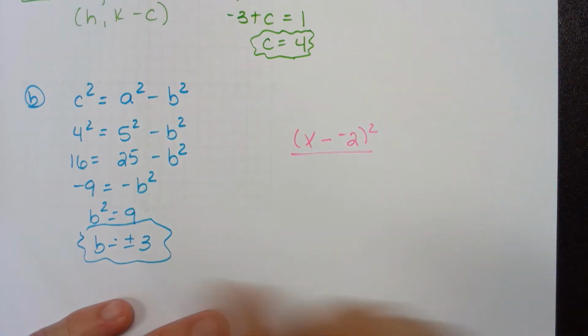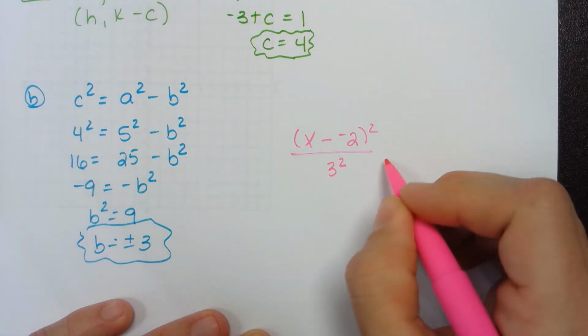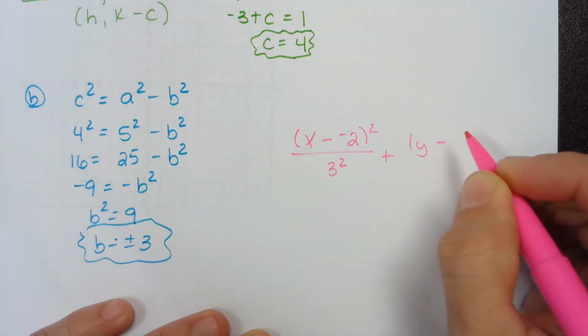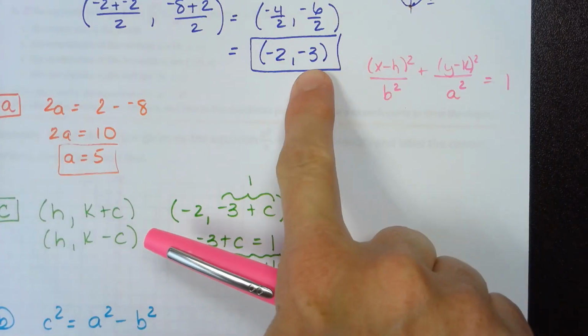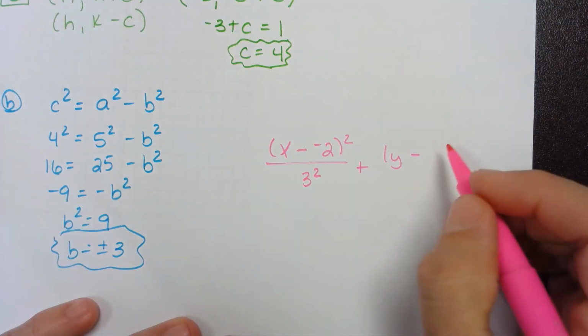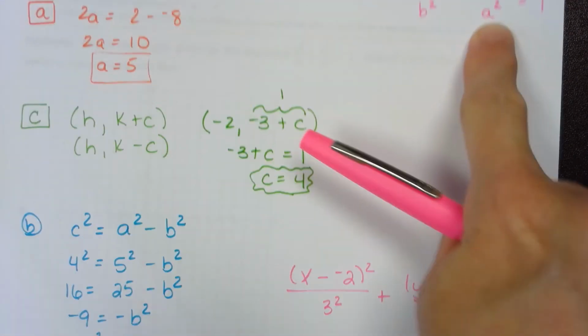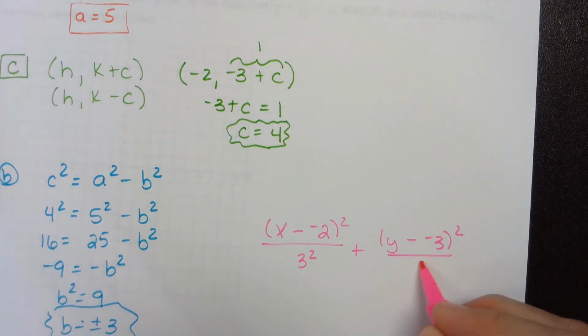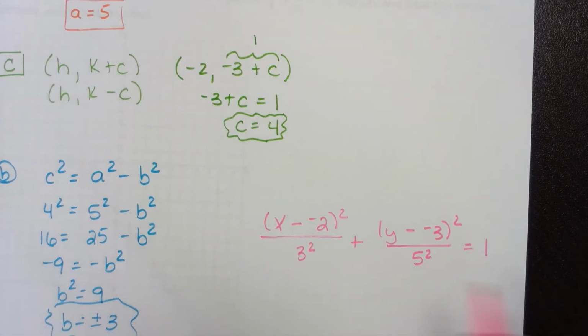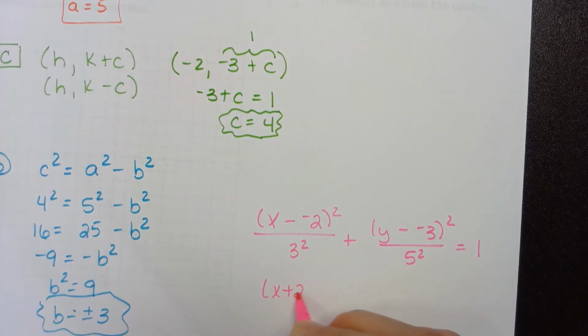Plus (y minus k), k is -3, over a squared, a is 5, and that's equal to 1. So we have (x plus 2) squared over 9 plus (y plus 3) squared over 25 is equal to 1.